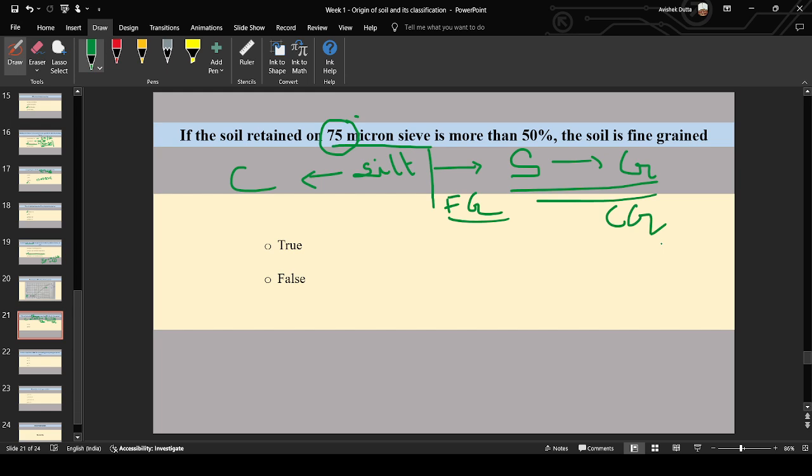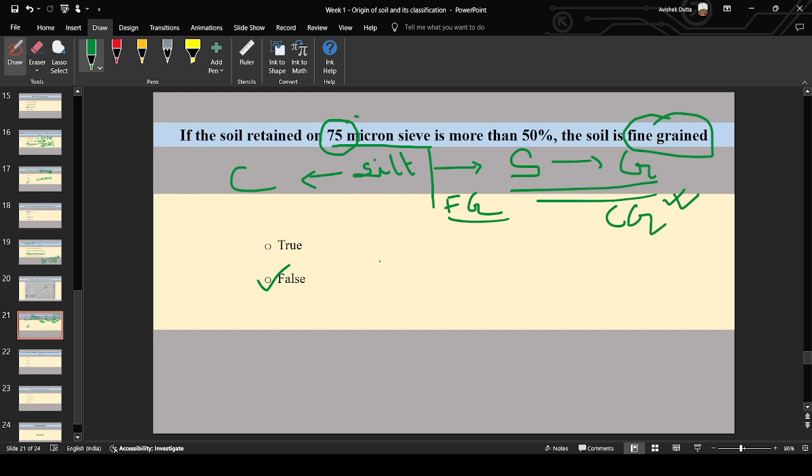So is the soil fine grained? No, the soil is definitely coarse grained. It is not fine grained, it is coarse grained. So this statement that soil retained on 75 micron sieve is more than 50%, the soil is fine grained, it is a false statement. The answer would be it is a coarse grained soil.